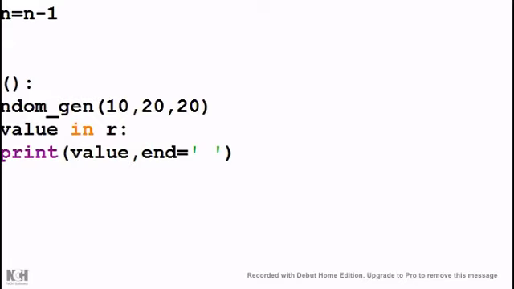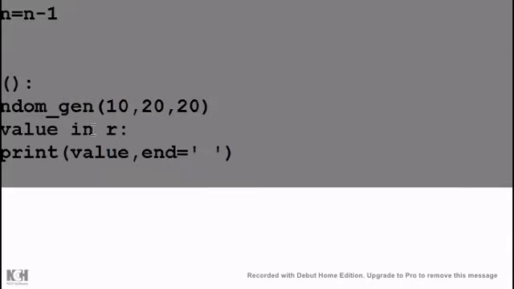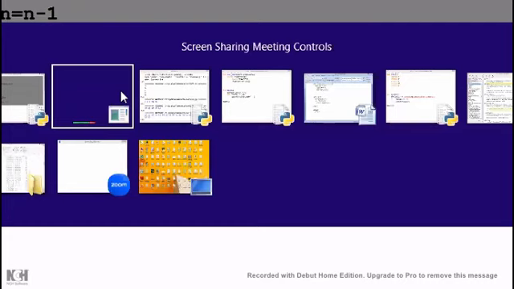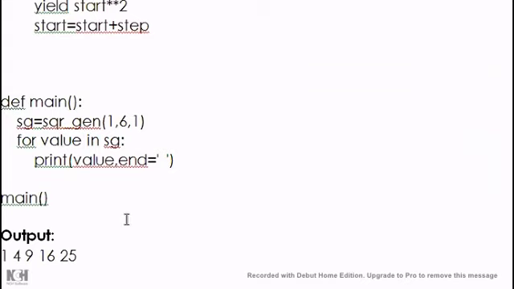And then after generating one number, you return that value by using which keyword? Yield keyword. So you can generate a sequence of any values by using which one? Generator.